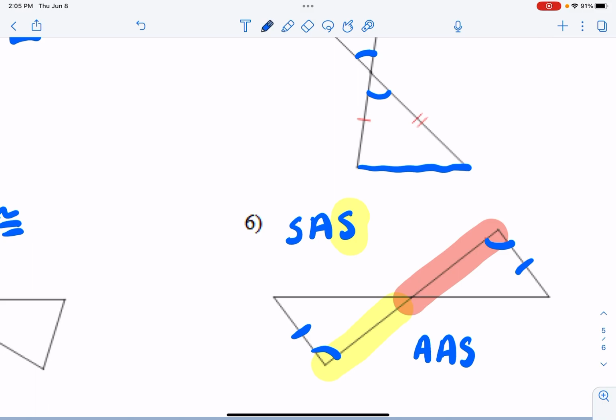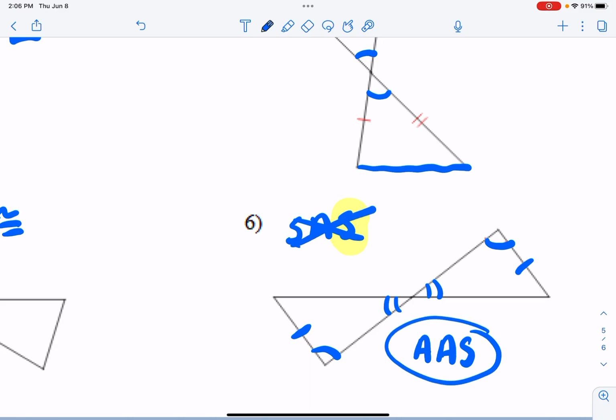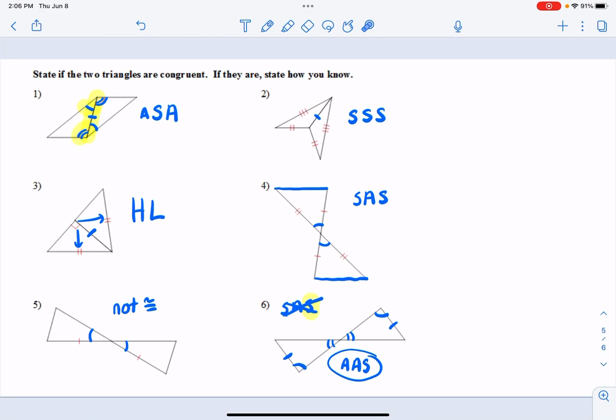But again, I've done a few examples of this already. We have these vertical angles equal. So it's not side angle side. It's angle, angle, side. And that is my video on proving triangles congruent.